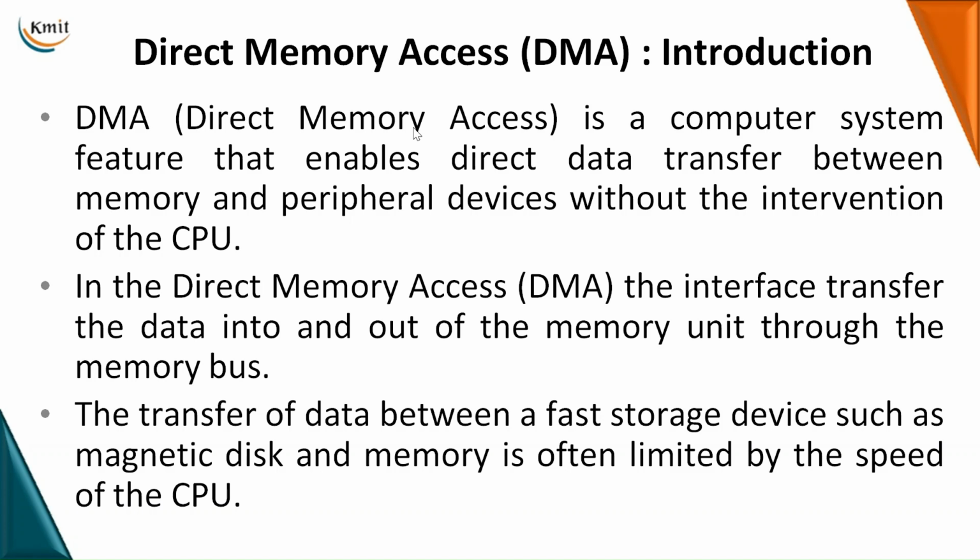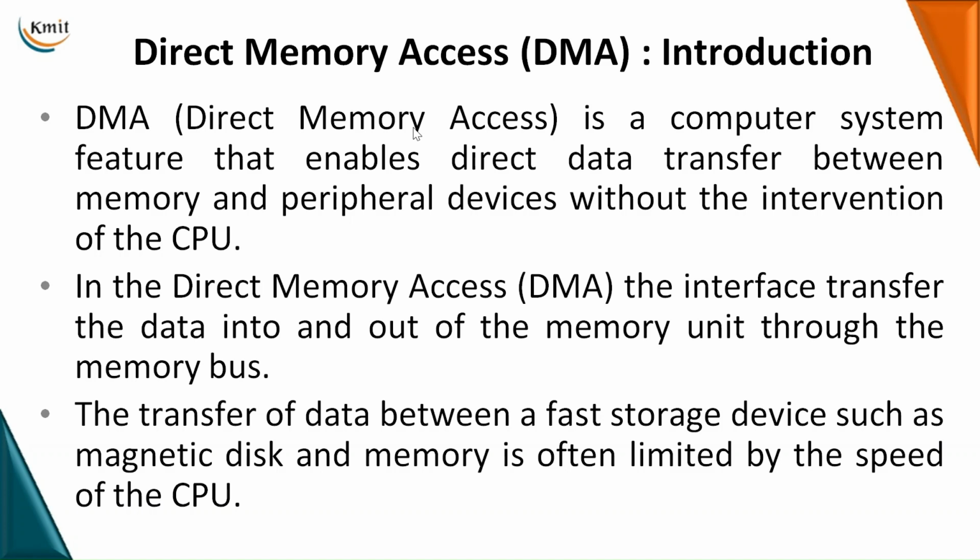But in case of direct memory access, it is a feature of the computer system which enables the data transfer between the peripheral devices and the memory unit of the computer without the intervention of the CPU. Because in those other techniques, the CPU is wasting its time performing a data transfer, which is not one of the most important functions of a CPU.